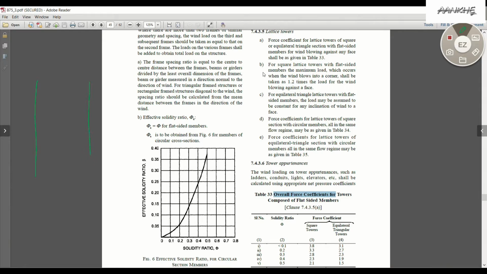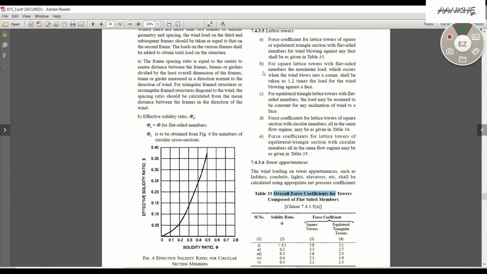Suppose there is a structure like this, or any transmission tower type structure. So this is lattice framework type structure. Our structure more or less comes in that range also.